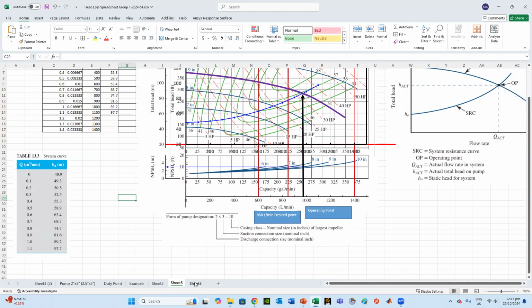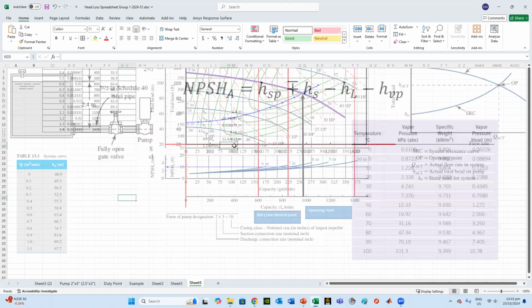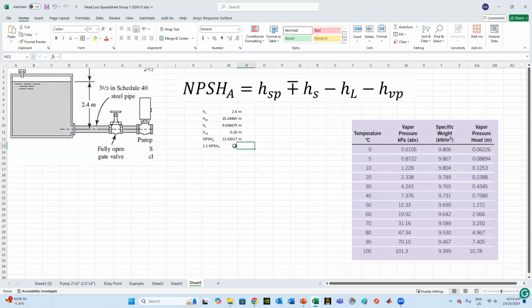And so the required, I can say, is 3 meters. That it's from the chart, from the pump chart.